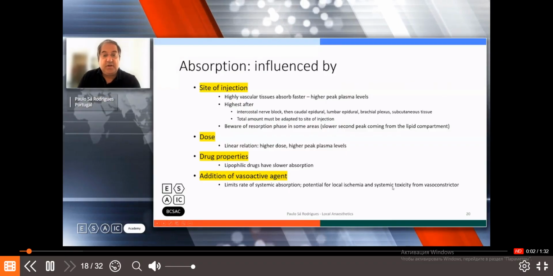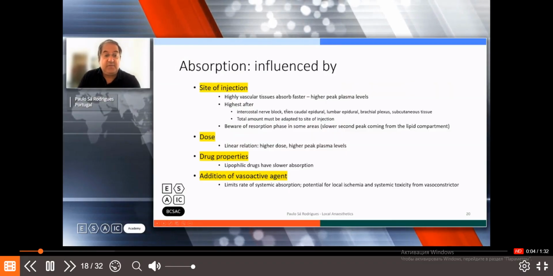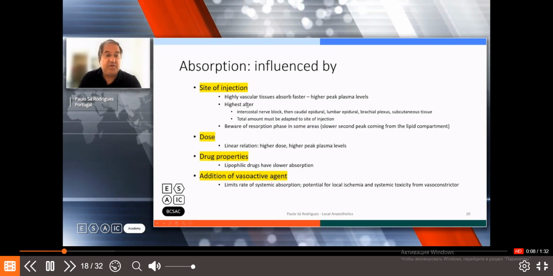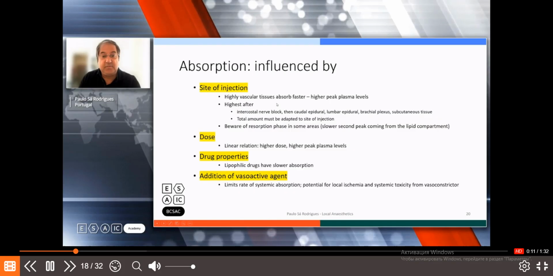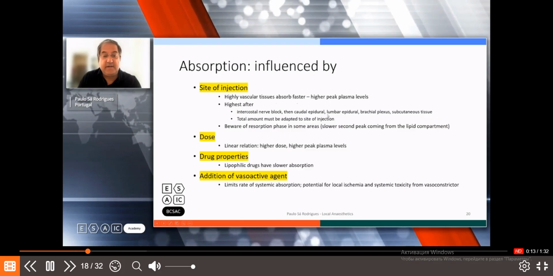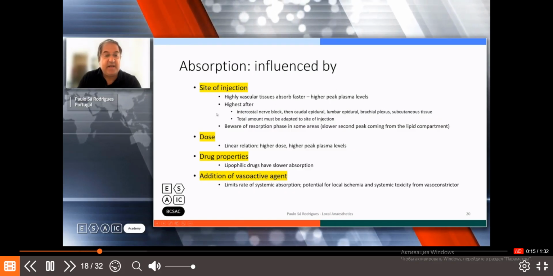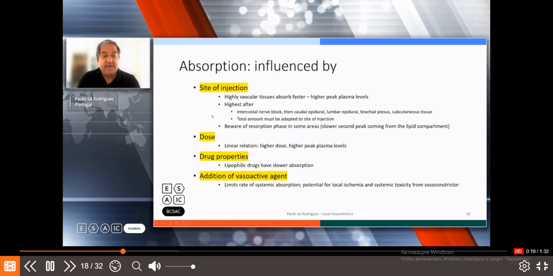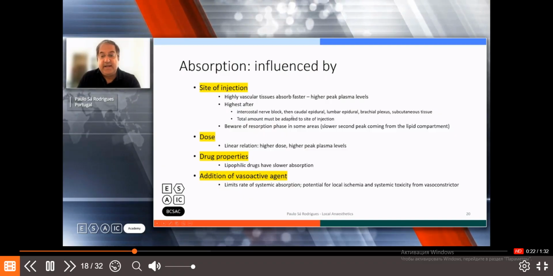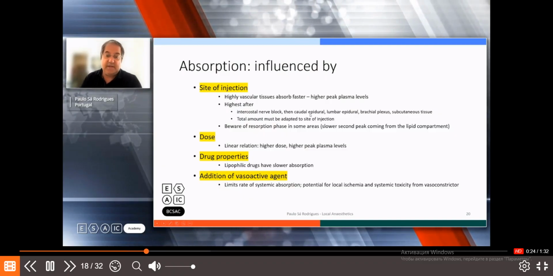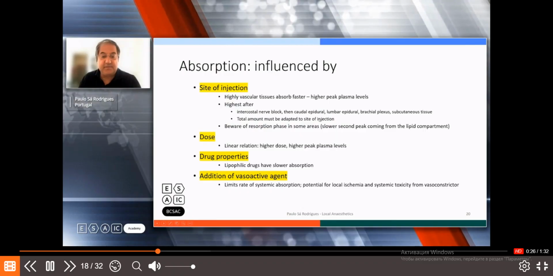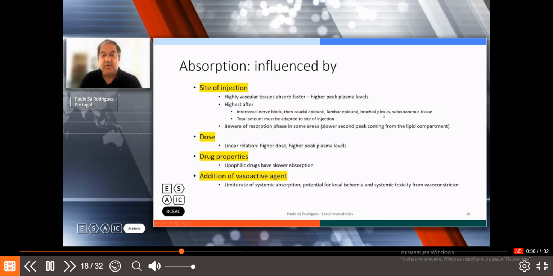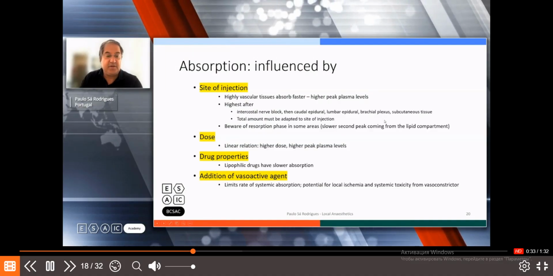Absorption will be influenced by the type of tissue at the injection site. Highly vascular tissues will absorb the local anesthetic faster, producing higher peak plasma levels. This will be highest after, for instance, an intercostal nerve block, and then in decreasing order, caudal, lumbar epidural, brachial plexus, or subcutaneous tissue.